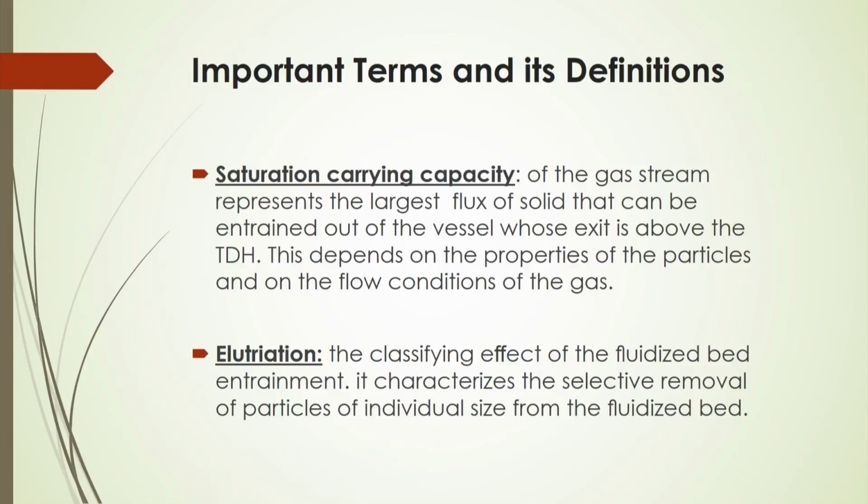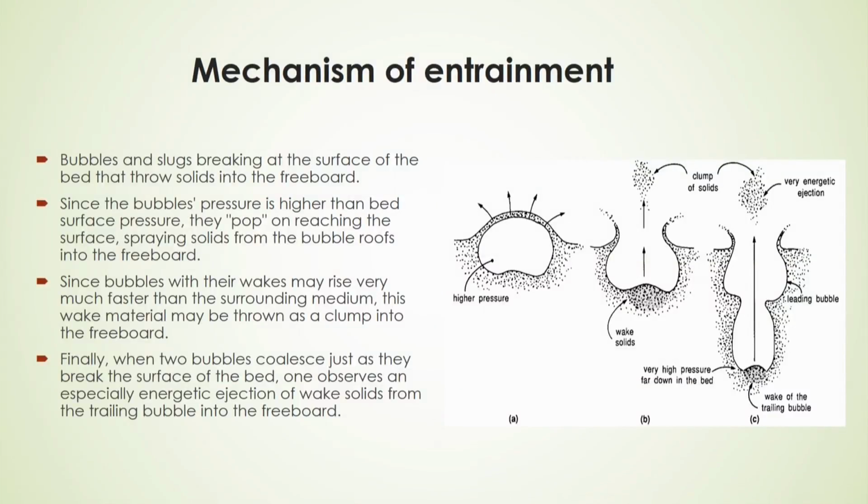Now, of course, there is also the mechanism of the entrainment. How does this entrainment happen? Bubbles and slugs, when they break at the surface of the bed, throw the solids into the freeboard.